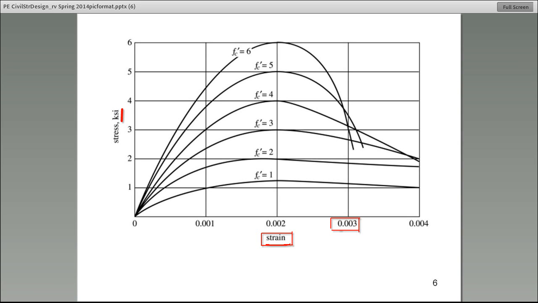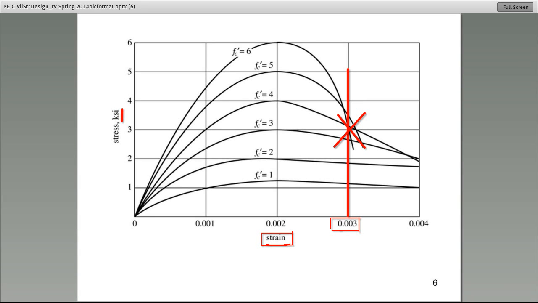Now, let's see if you agree with that. If you draw a line like this, we're saying when strain is 0.003, concrete ruptures. Well, guys, that is certainly true for the top two curves, the 6,000 psi and 5,000 psi, because in this region the curve stops and the concrete fails.